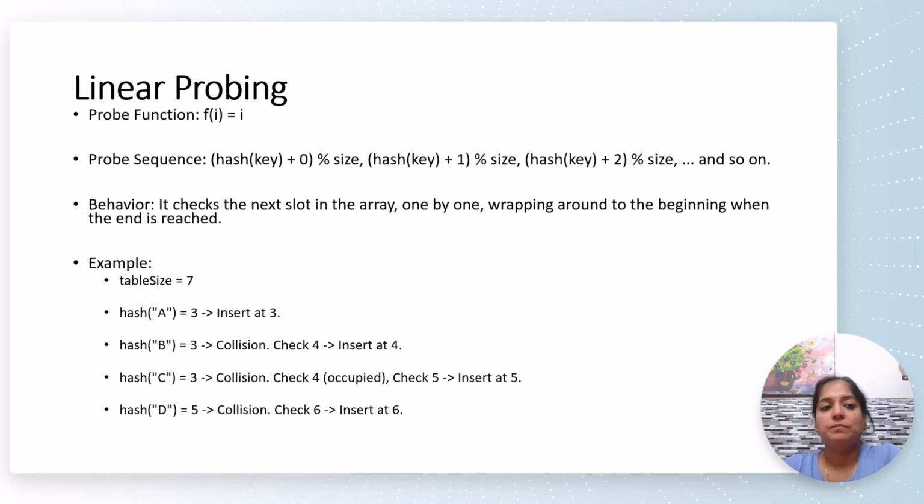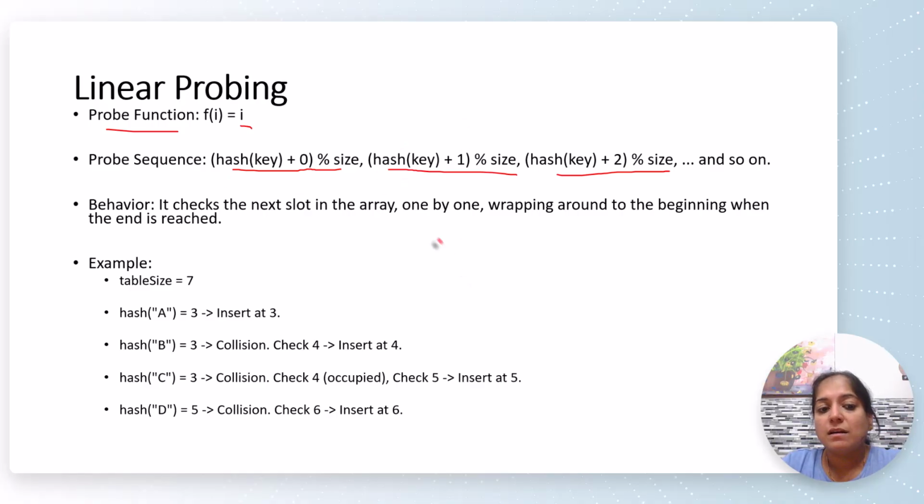Now, open addressing, as we said, is of 3 types: linear probing, quadratic probing, and double hashing. So let's discuss what linear probing is. In linear probing, the probe function is simply i, which means hash(key) plus 0 modulo size, hash(key) plus 1 modulo size, hash(key) plus 2 modulo size, and so on until we get an empty, vacant slot.